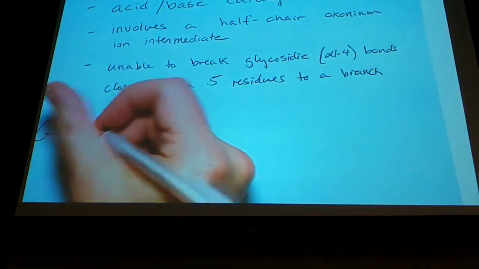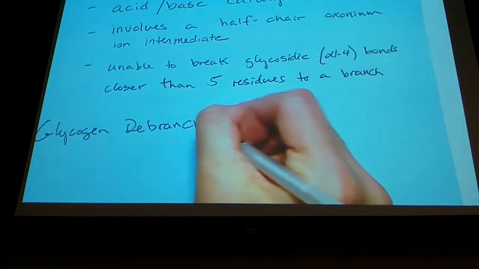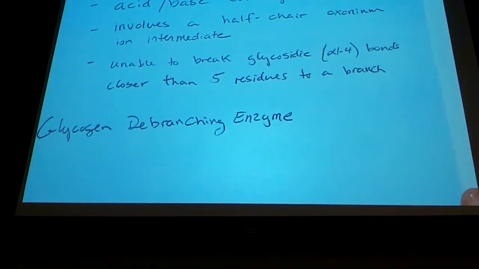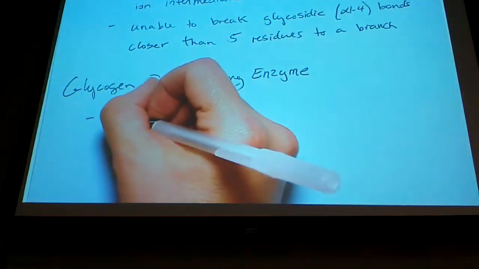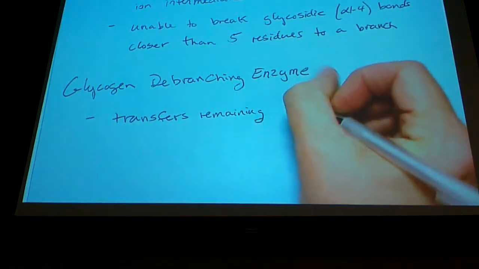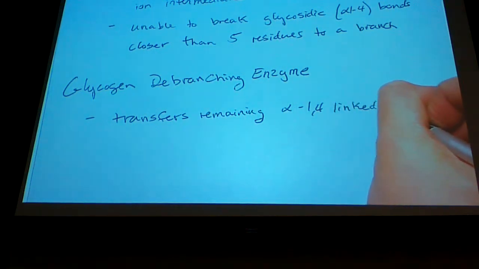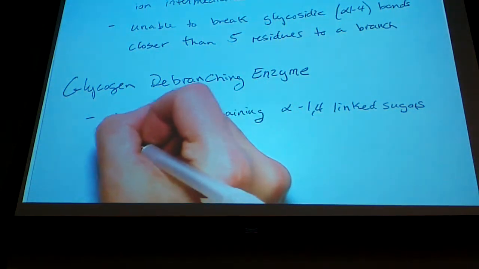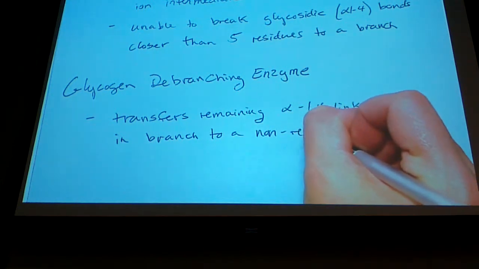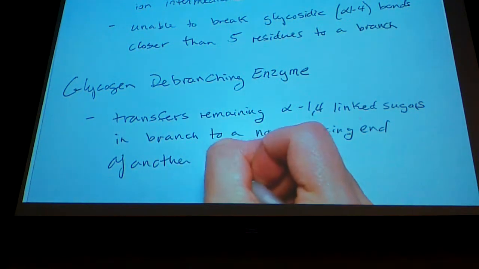Okay, glycogen debranching enzyme. This transfers the remaining alpha 1,4 linked sugars in the branch to a non-reducing end of another branch or the main chain.